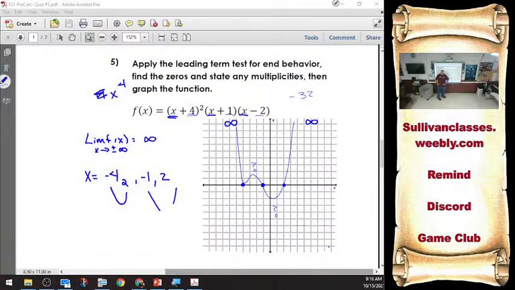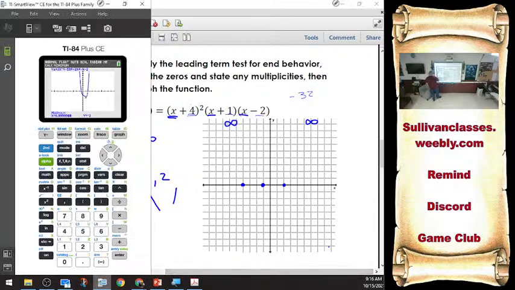Type it in the calculator, find your extrema. X plus 4 squared, x plus 1, x minus 2.